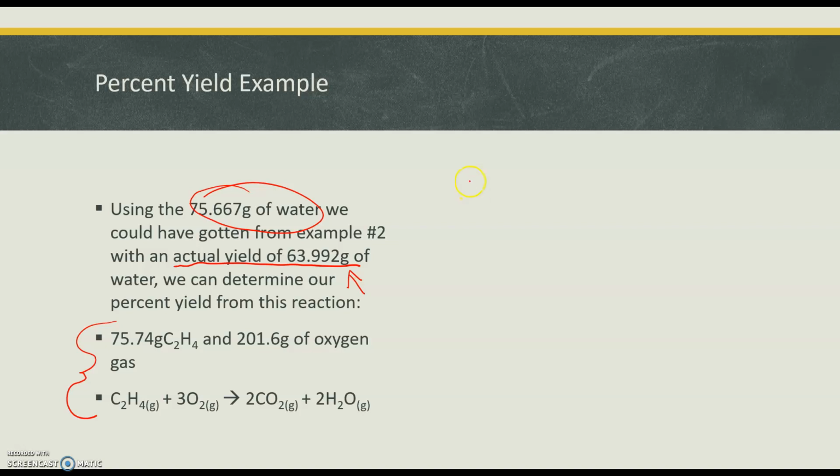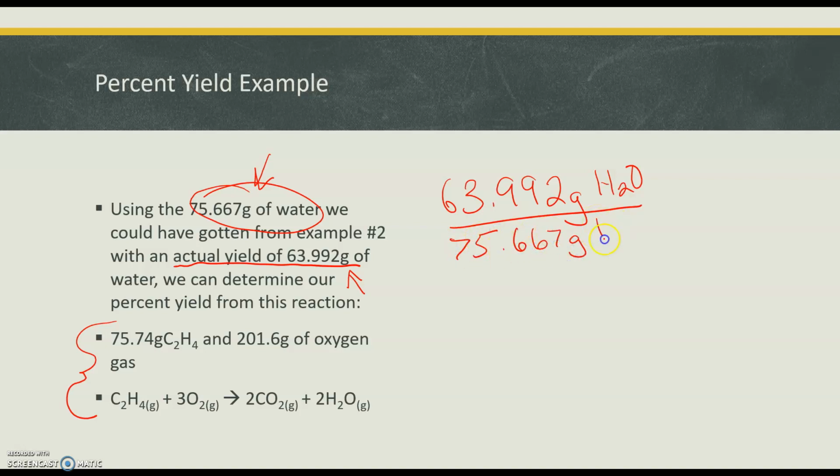Actual goes on top, 63.992 grams of water, over our theoretical yield, or the yield that we calculated, 75.667 grams of water.